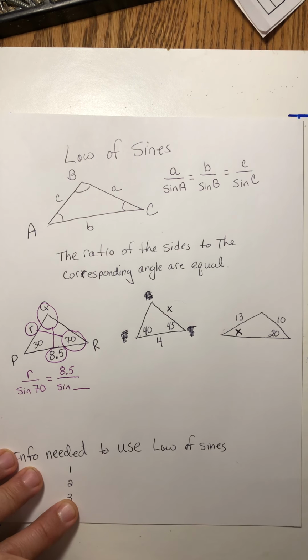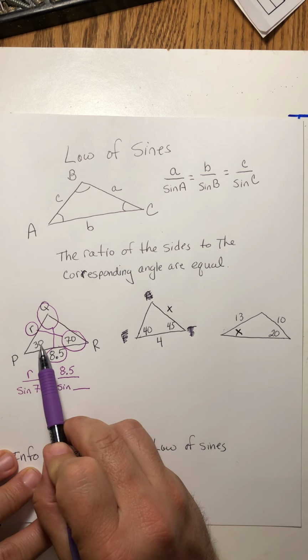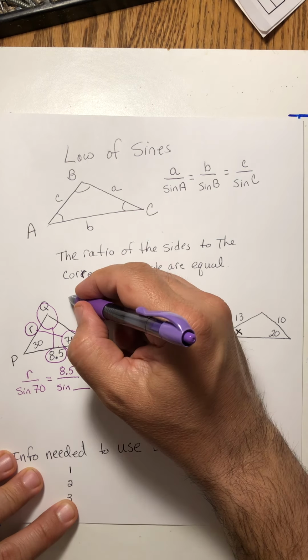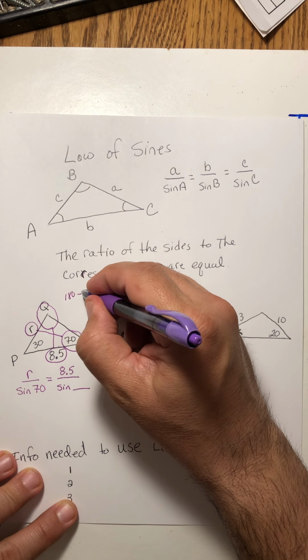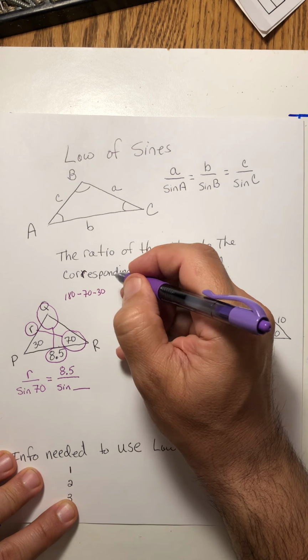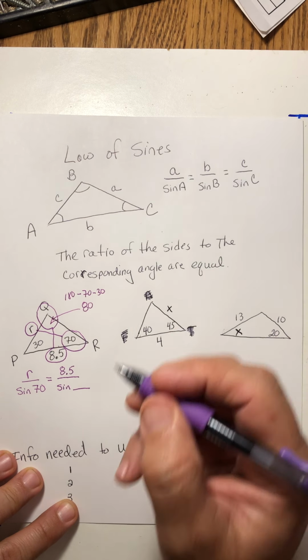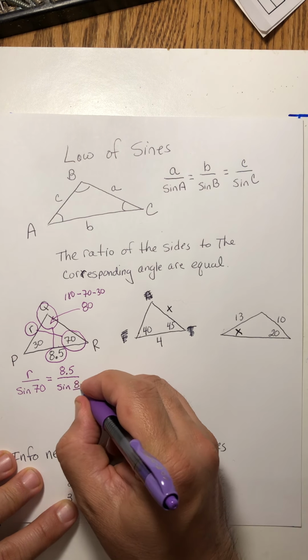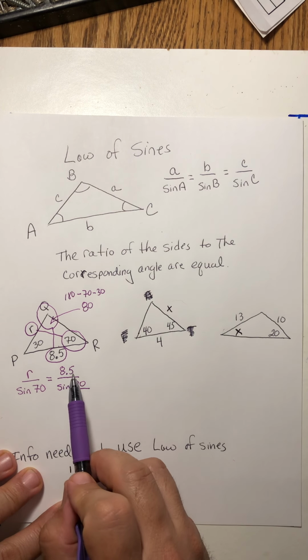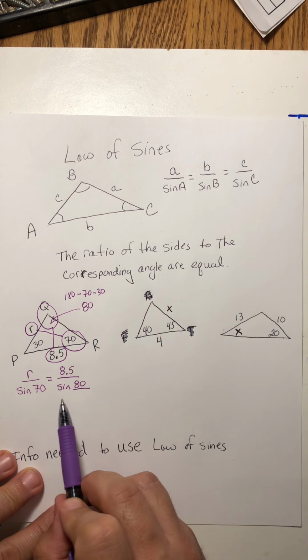Well, you know that angle. All the angles of a triangle add up to 180 degrees. So all we have to do is 180 minus 70 minus 30, and that gives us 80 degrees. So this angle is 80 degrees. Now everything is calculator work.